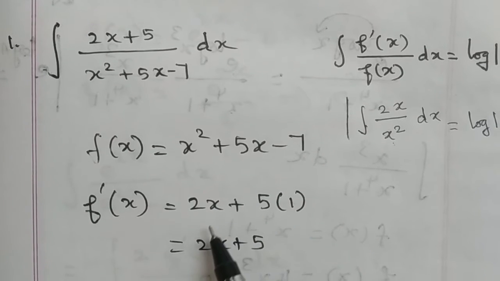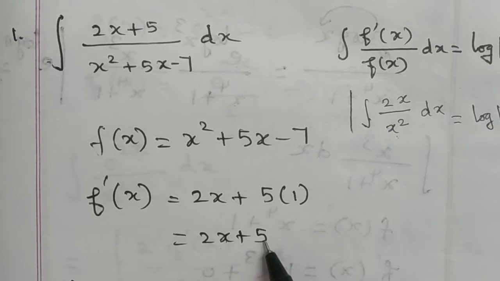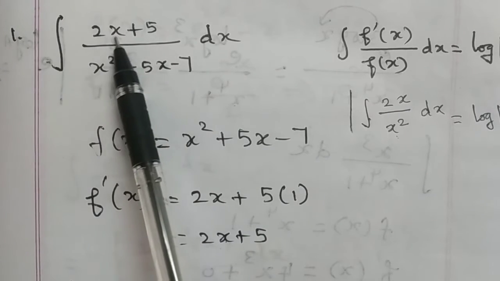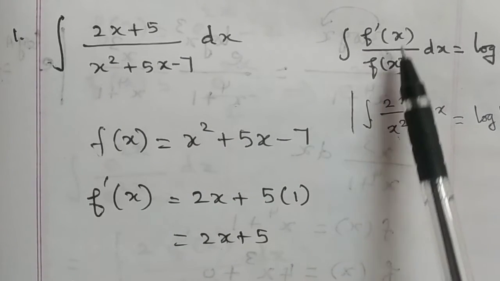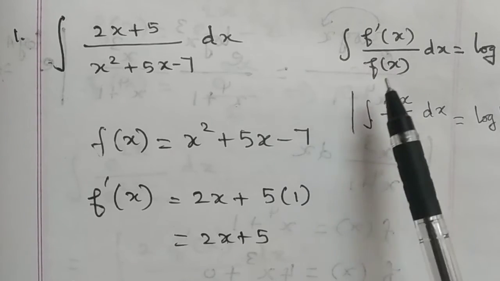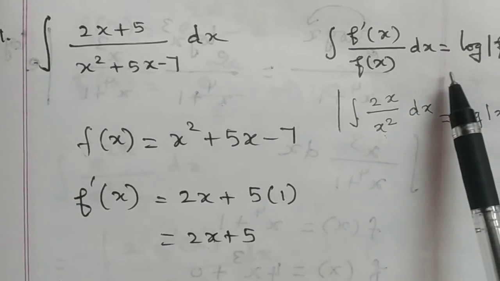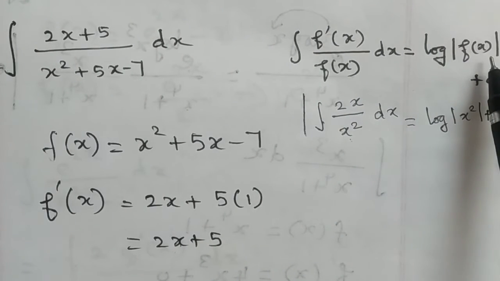So finally we get 2x plus 5, and it is in the numerator. See here, the derivative of the given function is present in the numerator. Then the whole integral value is log modulus of f of x.